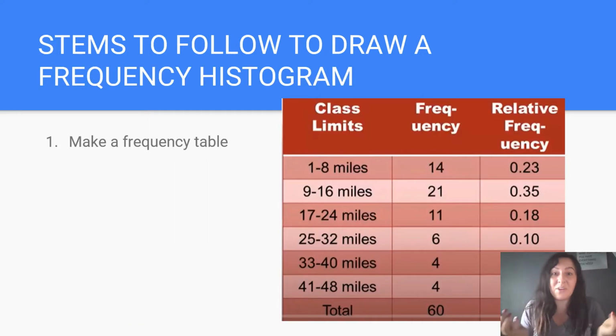So what is a frequency histogram? This is a frequency histogram. I'm sorry, I'm covering up some of this, but basically a frequency histogram tells how many times a certain value or event occurs. Let me show you.